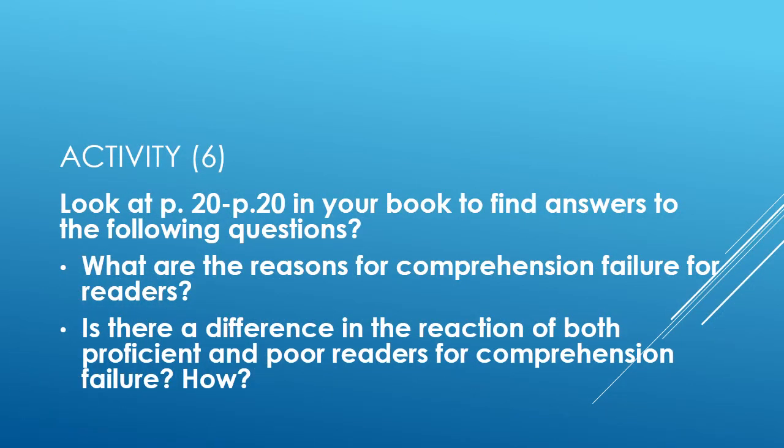Activity 6. Look at page 20 in your book to find the answers to the following questions. What are the reasons for comprehension failure for readers? Is there a difference in the creation of both proficient and poor readers for comprehension failure? How?